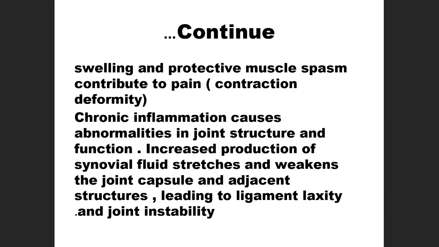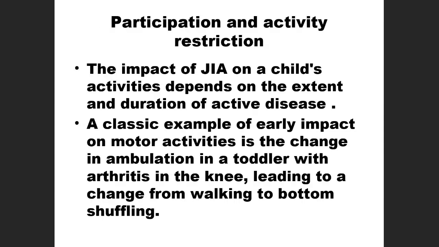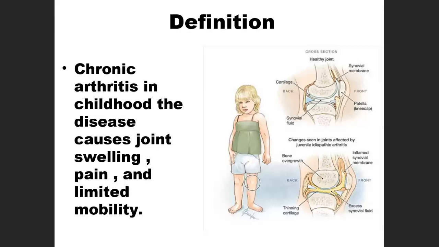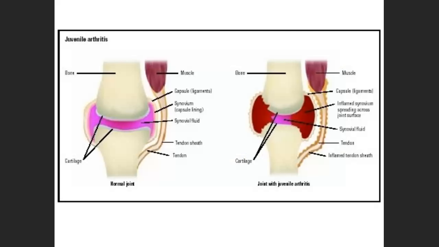So that means, I'll go back to my first picture. See, this pink is normal synovial fluid. Whenever this normal synovial fluid becomes inflamed, there will be more synovial fluid.